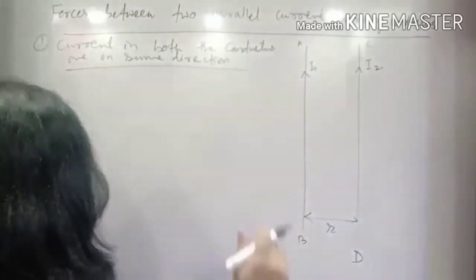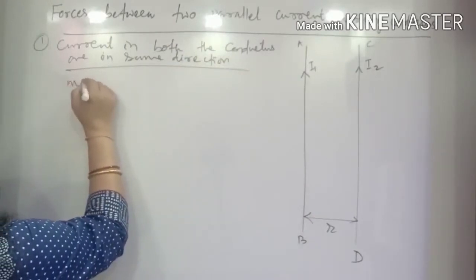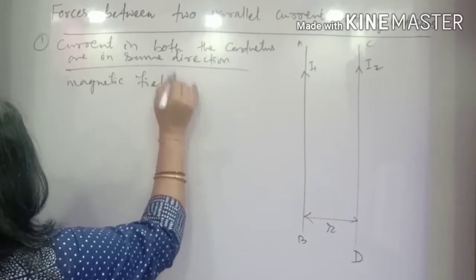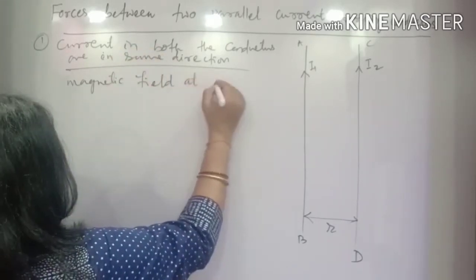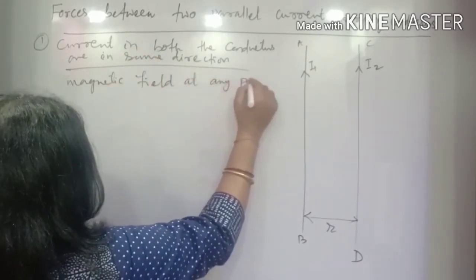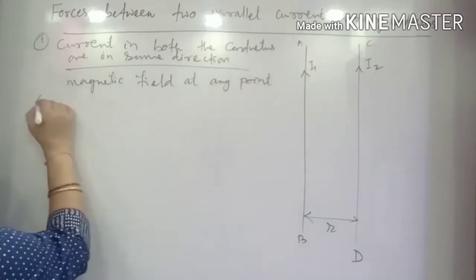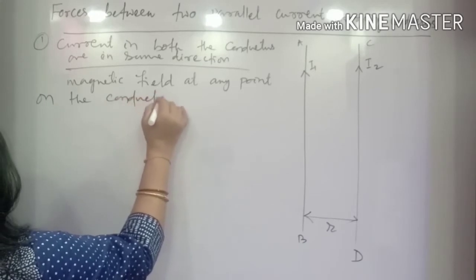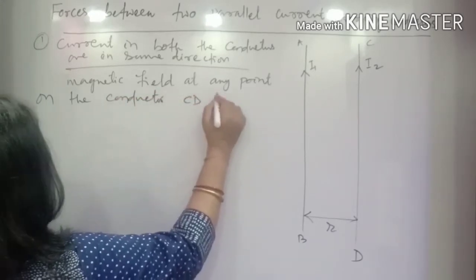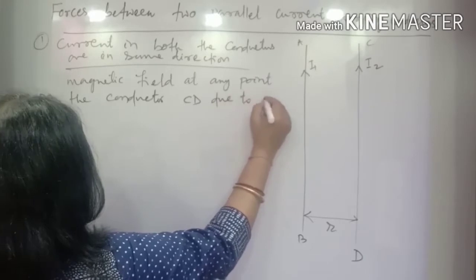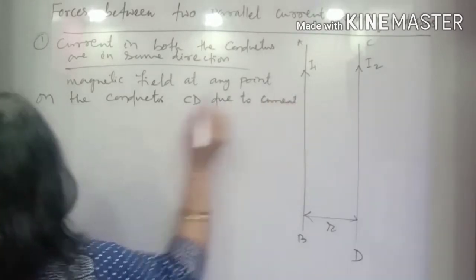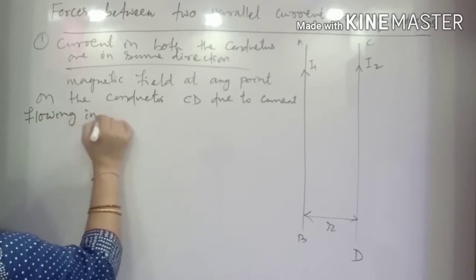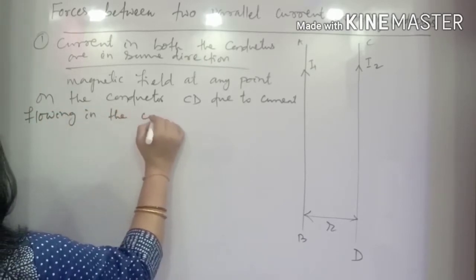So here we'll write: magnetic field at any point on the conductor CD due to current flowing in the conductor AB.